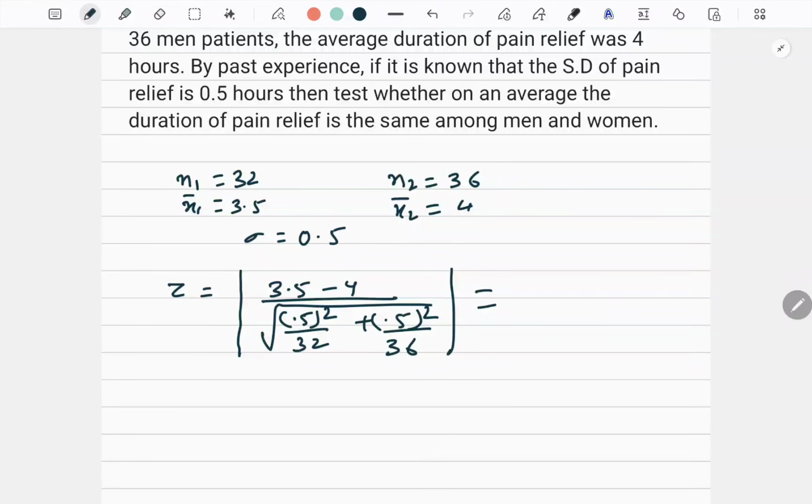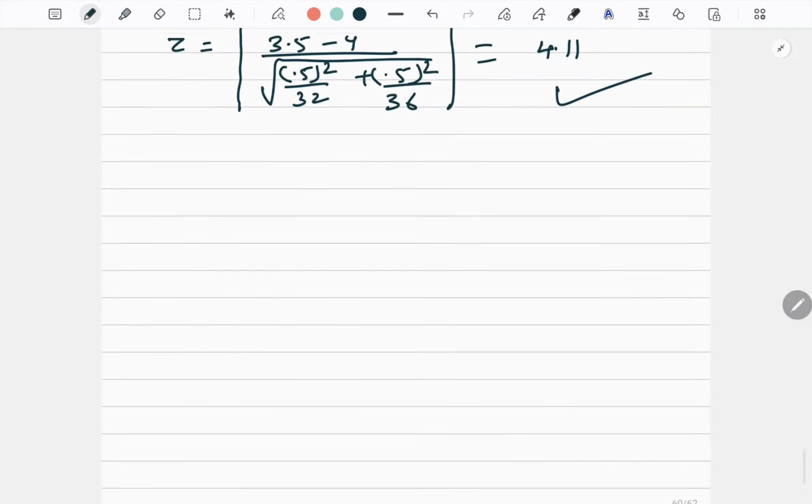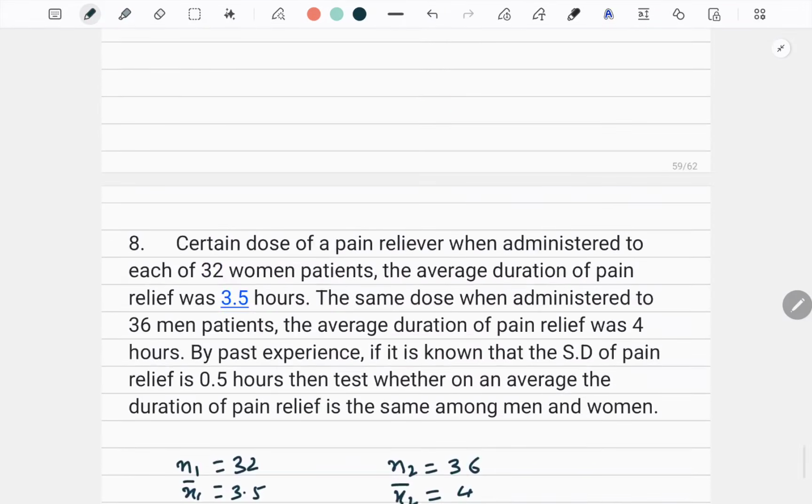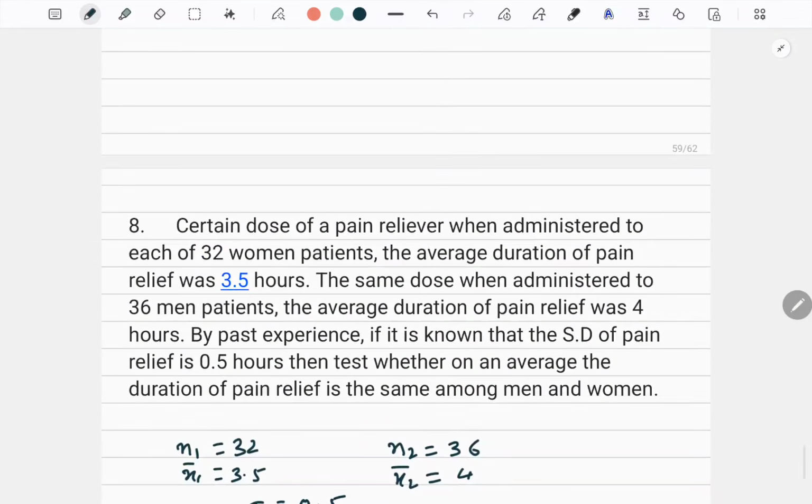So what is the value of z in this case? It is 4.11. So under both the levels of significance, this will be rejected for sure. Correct? So we are done with the sampling when it is concerned about the large sample, single mean and difference of mean. In my next video, I will be discussing proportion.